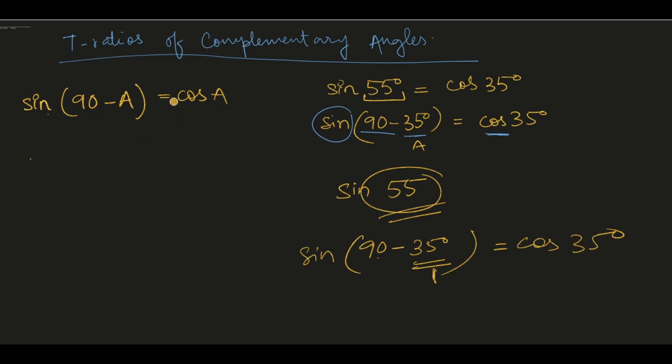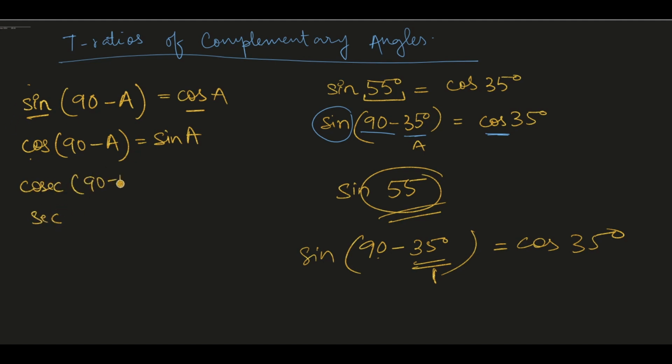Next one is very easy. Just replace the sine by cos. So this will be cos of 90 minus A, and this will be sine A. So see, the relation of sine and cos is done. After sine and cos, we will have the same relation between cosec and sec.